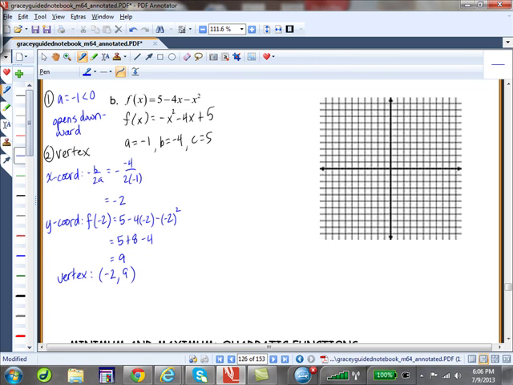Okay, thirdly, finding our x-intercepts. And these, remember, occur when you set f of x equal to 0. So we get 0 is equal to -x² minus 4x plus 5.